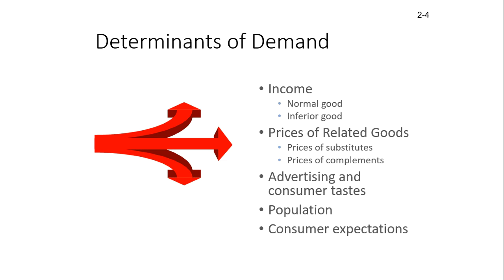All right. So now that we have an understanding of these types of goods, let's go back to the determinants of demand. So the first determinant is income. Okay, the first determinant of demand is income. So the question is, how does income affect demand, or how does income determine demand? So the impact of income on demand depends on the nature of the good you're dealing with.